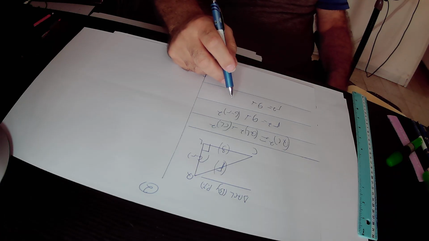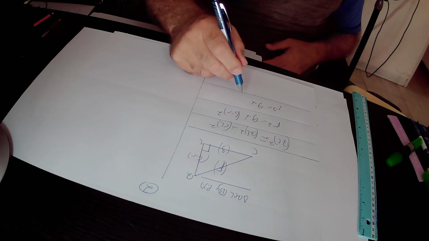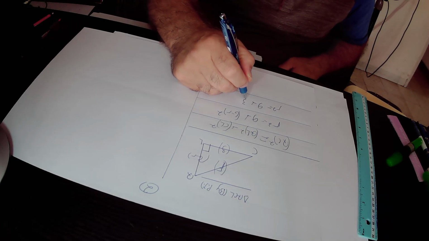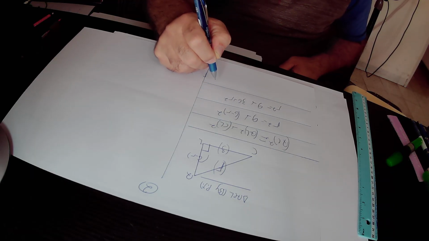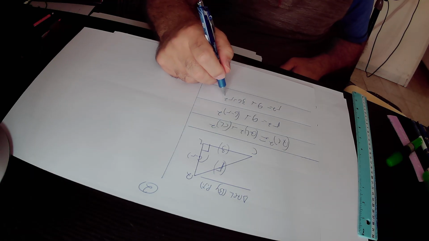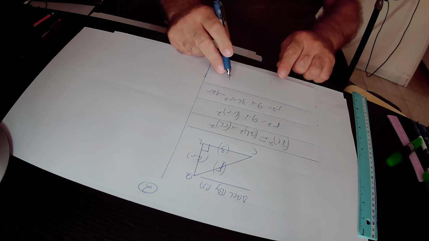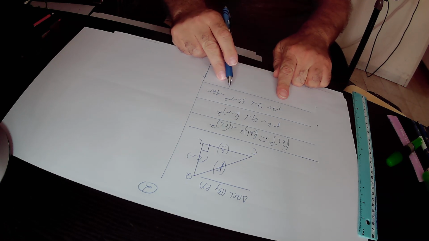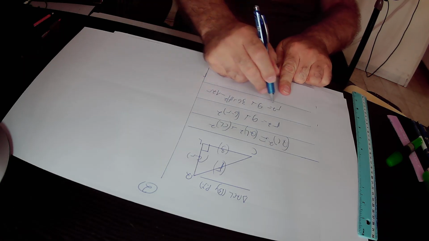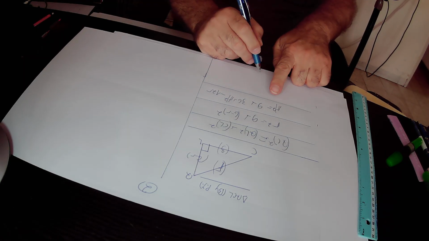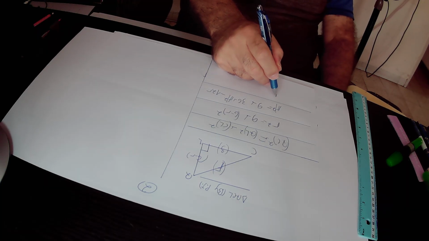We'll open the brackets of this expression and get that 6 minus R squared equals 6 squared, that is 36, plus R squared, minus 2 times 6 times R, that is minus 12R. Here we have R squared on both sides of this equation, so R squared gets cancelled. After we cancel R squared on this side of the equation, we are left with nothing, that is to say 0.